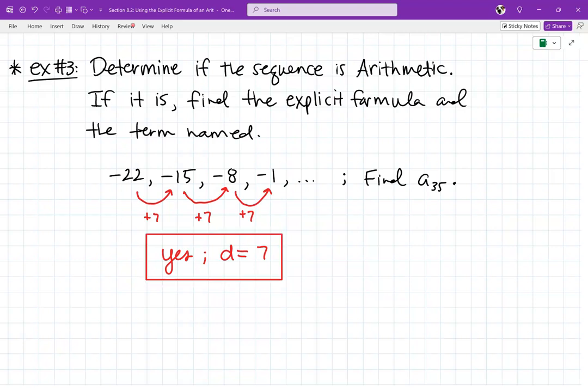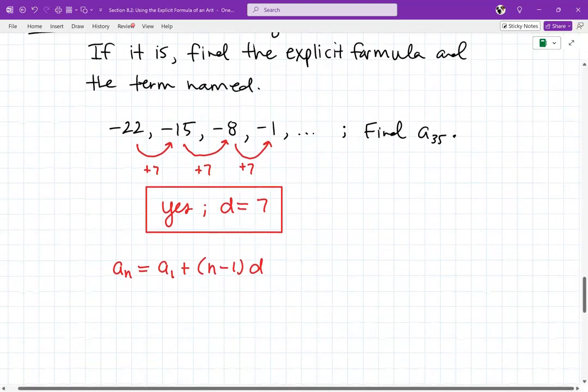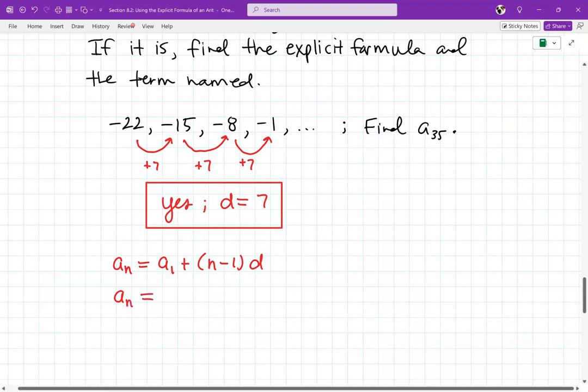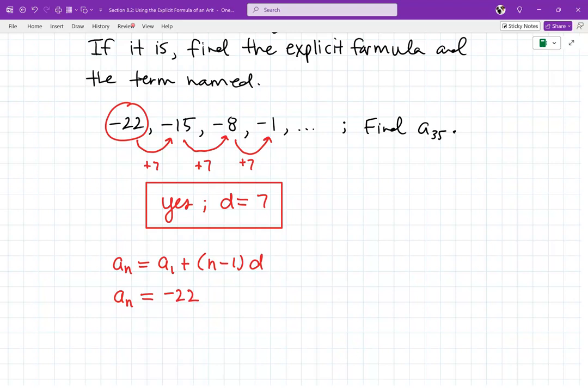So it says, if it is, find the explicit formula. So here we go. Explicit formula, a sub 1 plus n minus 1 times d. So what's my first term in this equation? Negative 22. Good. It's right here. First term, plus n minus 1 times d, that's 7. I'm going to distribute the 7 into this.